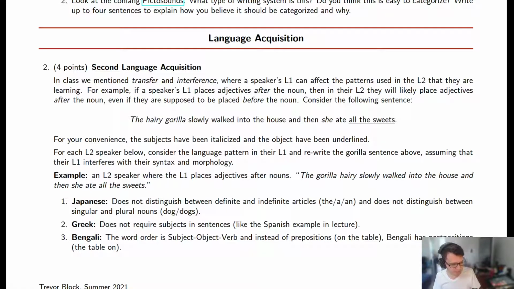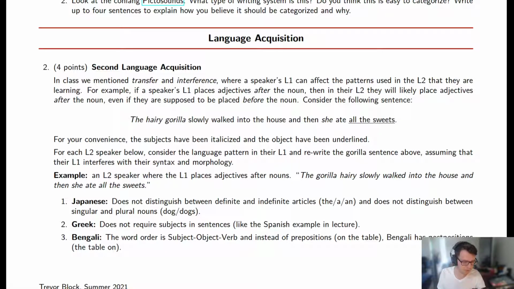So there's a Japanese speaker, a Greek speaker, and a Bengali speaker. I tell you what they do in their L1, and you basically have to bring those patterns from their L1 over into English in L2 and transform that hairy gorilla sentence and say, well, what would that look like if this Japanese speaker brought their patterns over into English? What if that Greek speaker brought their pattern over into English? And you might not know what some of these terms mean. Well, you probably know what the terms mean, but you might not be super comfortable with them.